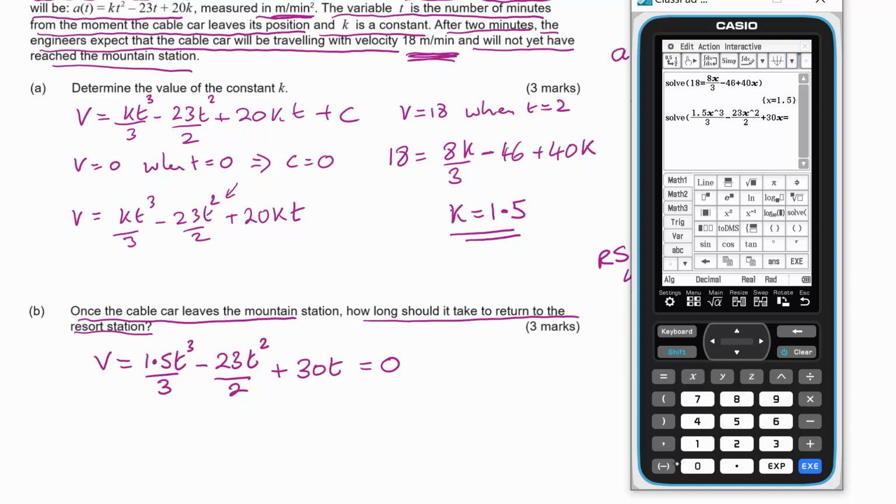We want to put that equal to 0. And let's see what times we get. 0, 3, and 20. So we've got t equals 0, 3, 20.